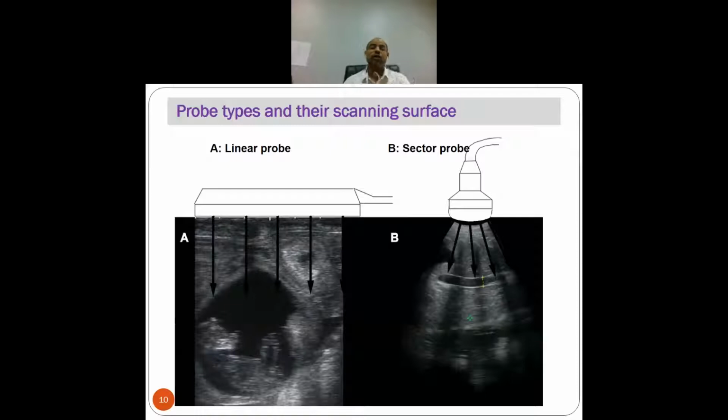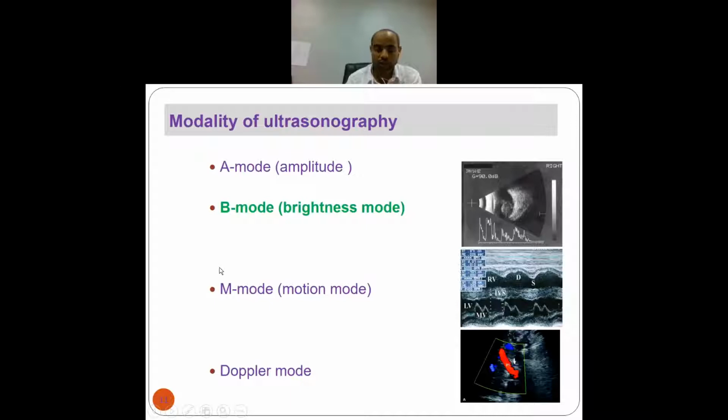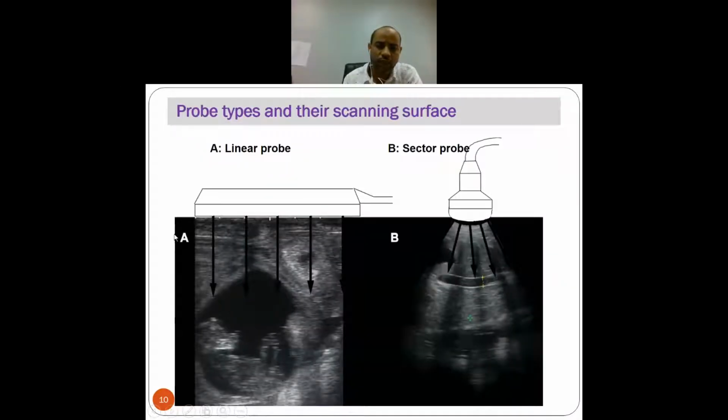As the name varies, the kind of image produced using these different types of probes will also be different. For example, when you are using the linear probe with a flat surface, the image displayed on the monitor is going to be rectangular in shape.